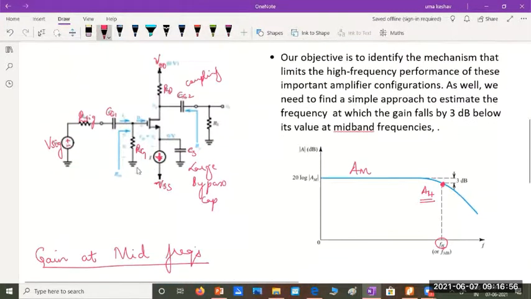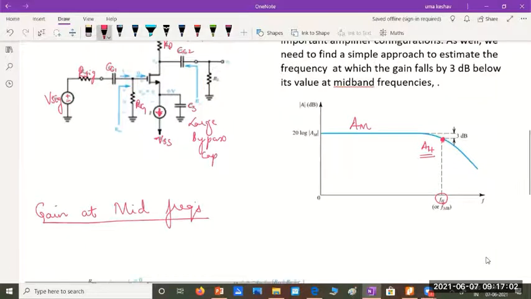Now, can you tell me what would be the equivalent of this amplifier at middle frequencies? Remember, in the middle frequency range, we assume all these capacitors as short circuits, and the device capacitances of the MOSFET would not have been activated. They would not come into picture. So please remember this.